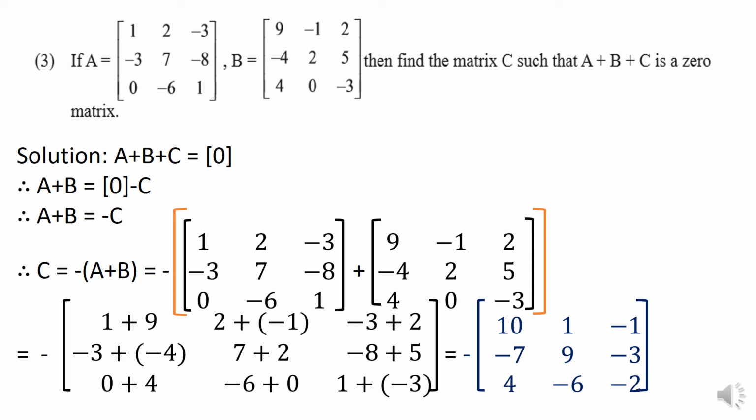Thus we get the answer as so. Now in the answer, observe that there is a minus sign outside the matrix. You can either change the sign of all the matrices in the answer or leave the answer as it is. Both the ways are correct.